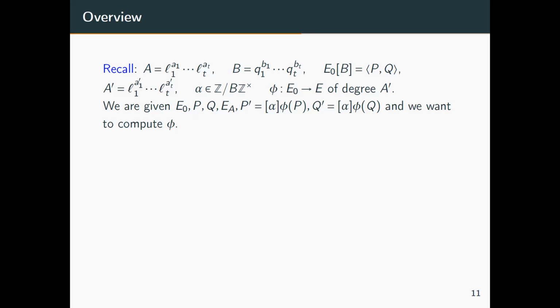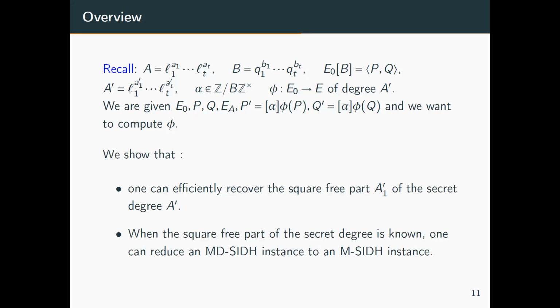So the results that we have till now are the following. One can efficiently recover the square free part of the secret isogeny in practice. And the second thing is, when you know this square free part, you can in fact reduce the masked degree problem to an instance of masked torsion points. So these are the two results that we have for this part.